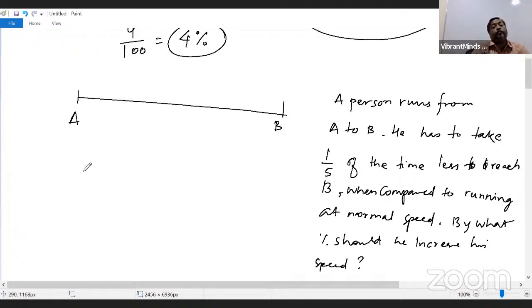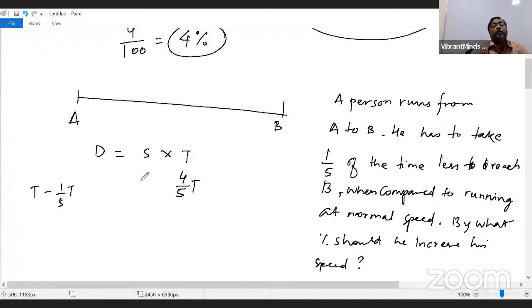Again, ध्यान से देखें, d distance s speed से t time में जाता है. This is your usual speed, usual time, d distance. He has to take 1/5 of the time less, यानी कि t minus 1/5t. That is 4/5t he has to take. Speed क्या करना होगा?